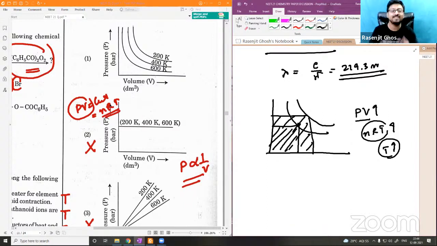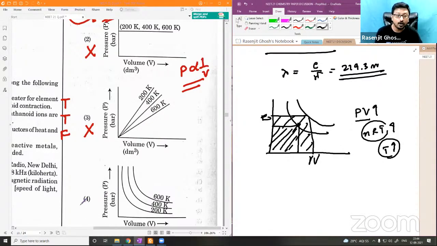In each case, for higher temperature, the area under the curve between pressure and volume will increase. So which option will I choose? I will choose option number D. It's a very simple one, a little bit conceptual, because you need to know that pressure into volume gives you the area, and that area depends on the value of the temperature.